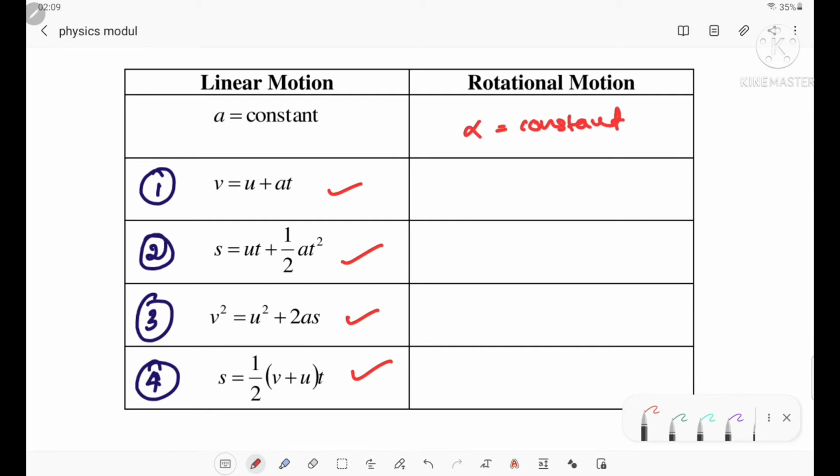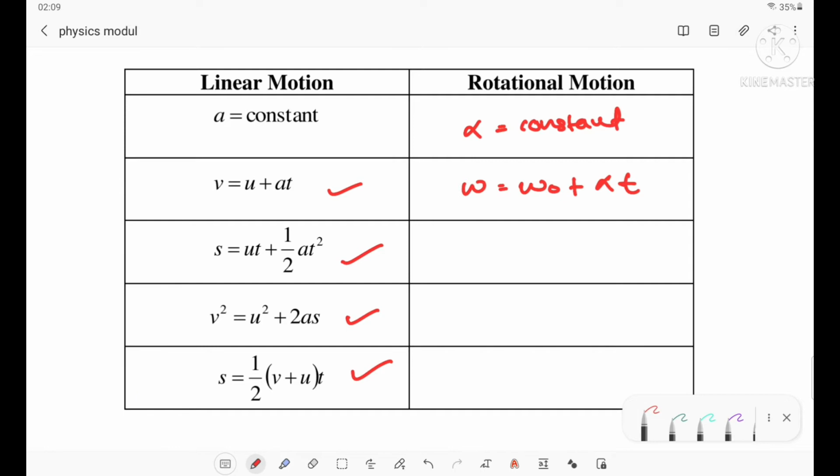For the first equation, we have omega is equal to omega naught plus alpha t. And s is equal to ut plus half a t squared for the linear motion, and for the rotational motion, theta is equal to omega naught t plus half alpha t squared.